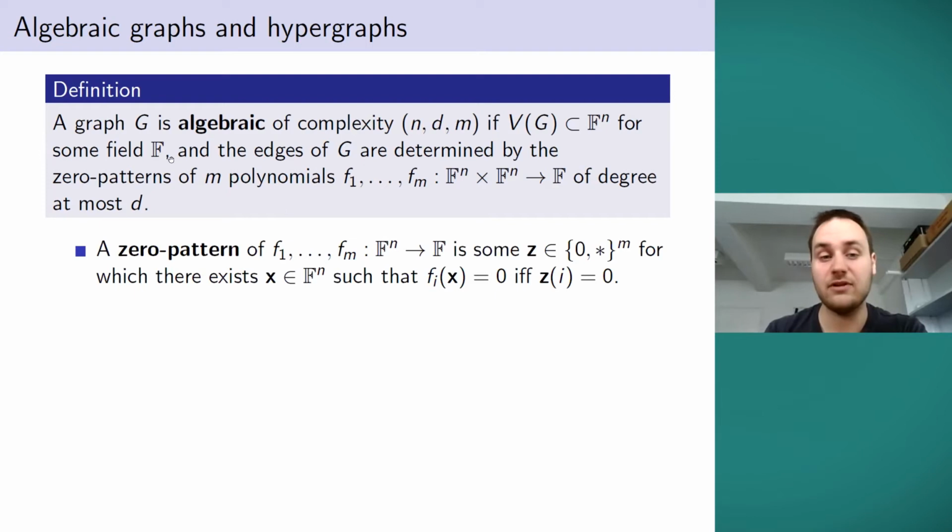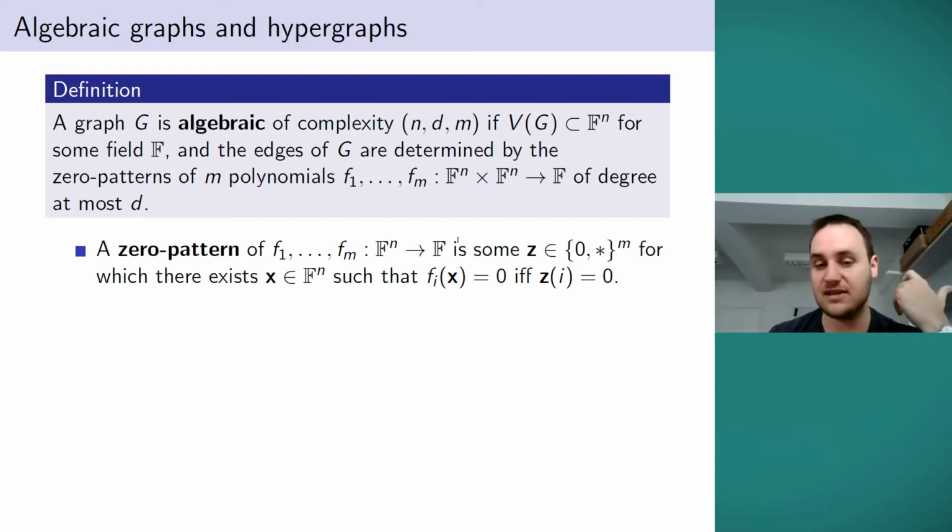First of all, what do I mean by a zero pattern of a sequence of polynomials? Let's say we are given a sequence of polynomials, then what I can do is take some x in the domain of these polynomials and evaluate them. So let's write down f1(x), f2(x), dot dot dot, fm(x).